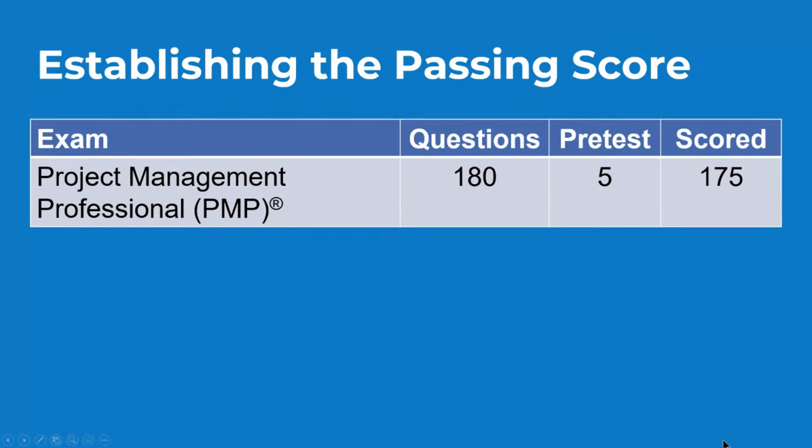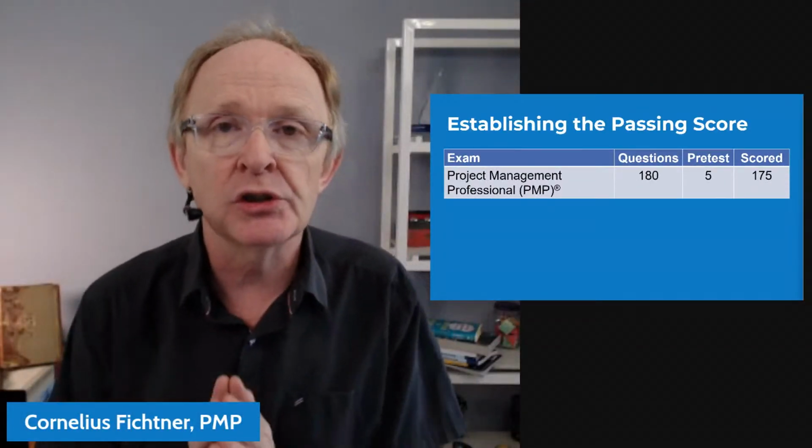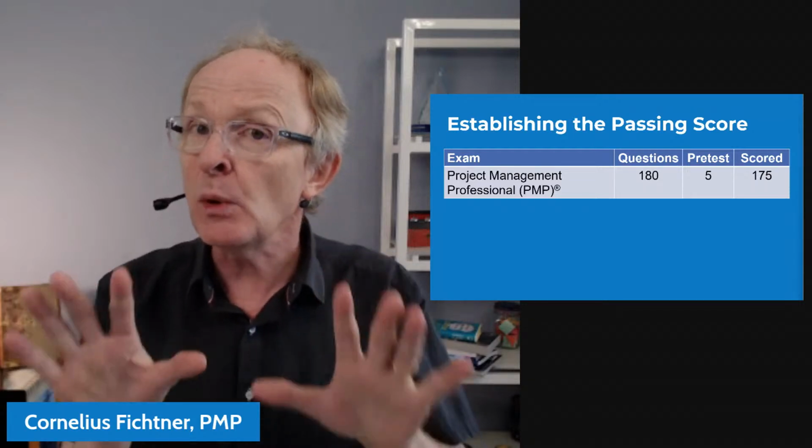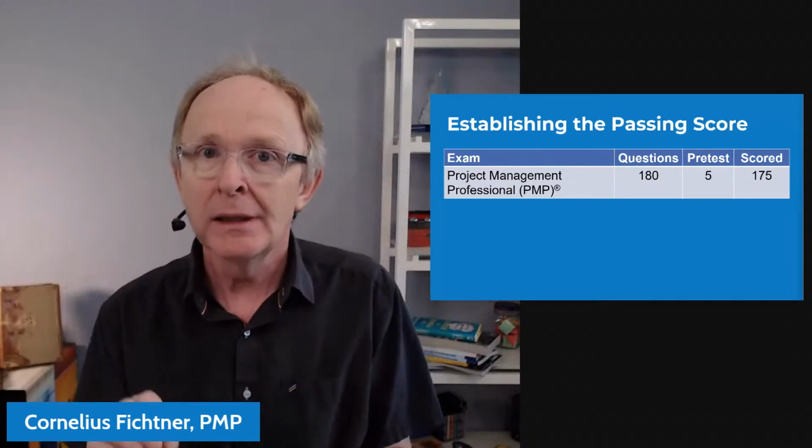Okay, so you start out here with 180 questions. Right there, okay? So that's the basis for the PMP exam. And then PMI says 5 of these 180 questions are pre-test questions. What PMI does here is they regularly add new questions to the PMP exam, but they want to be absolutely sure, sound psychometric analysis, remember, that these are valid questions.